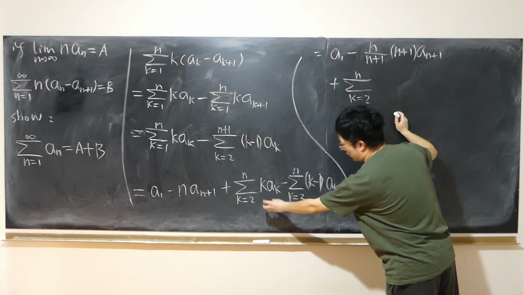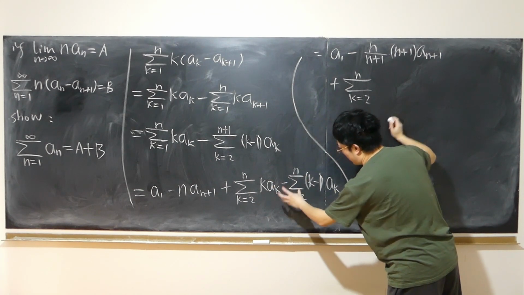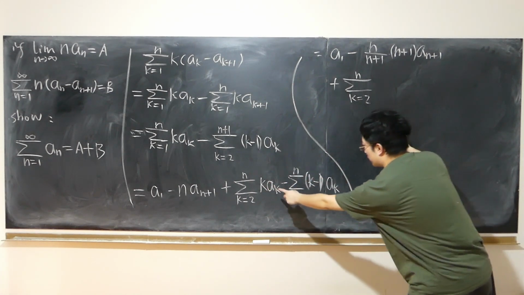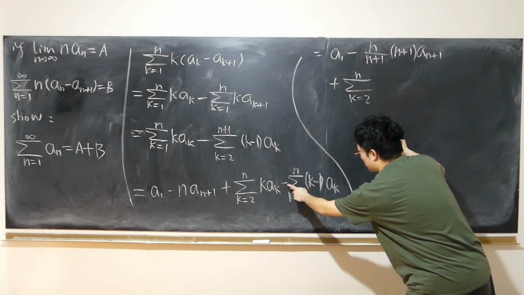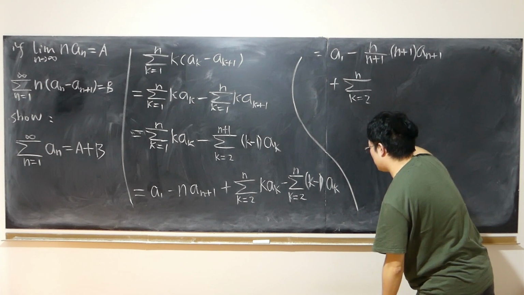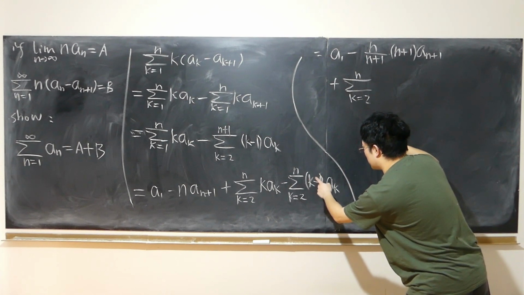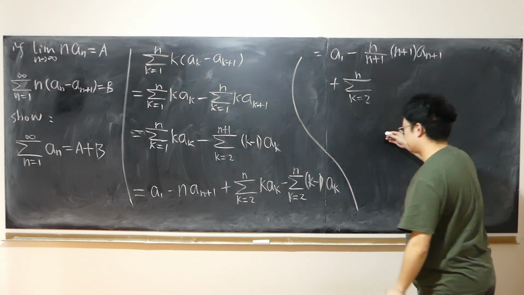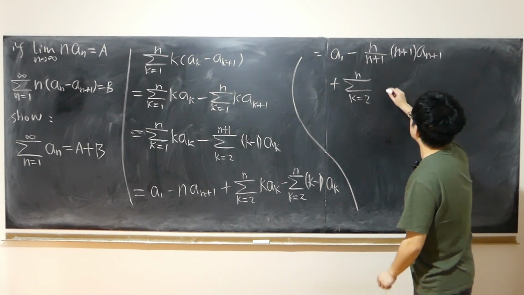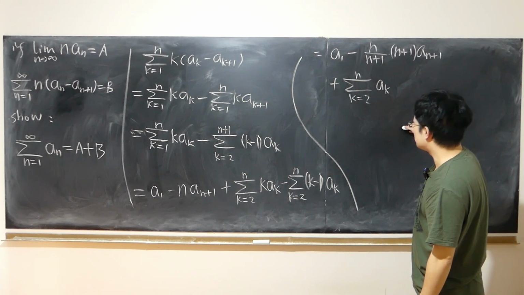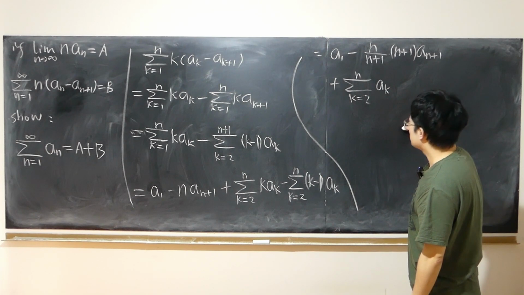I have exactly the same starting point and ending point, so I can safely just combine the general terms. So k times a_k minus (k minus 1) times a_k, and so it's (k minus k plus 1) times a_k, just a_k.